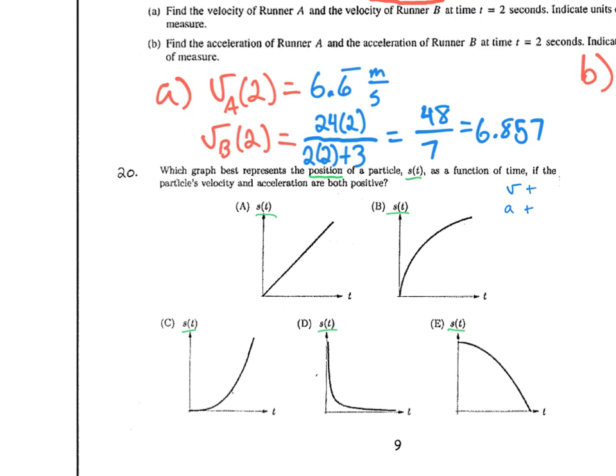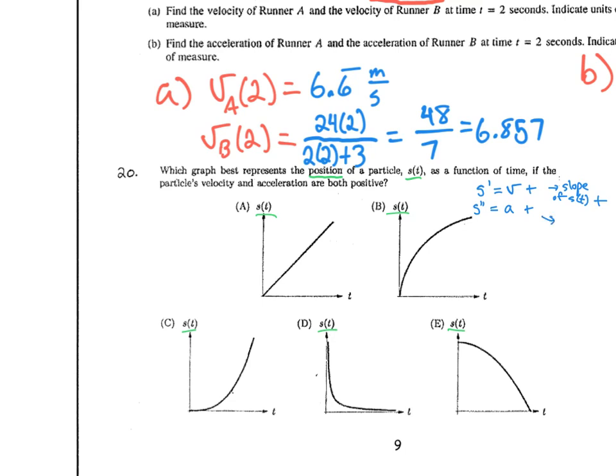Now, in order to deal with this, remember that the velocity is the slope of position and acceleration is the second derivative of position. So what that means is we're trying to look on these graphs for places where not only is the slope of the position positive, but we want the slope of the slope to be positive as well, or we want the slope to be increasing over time.